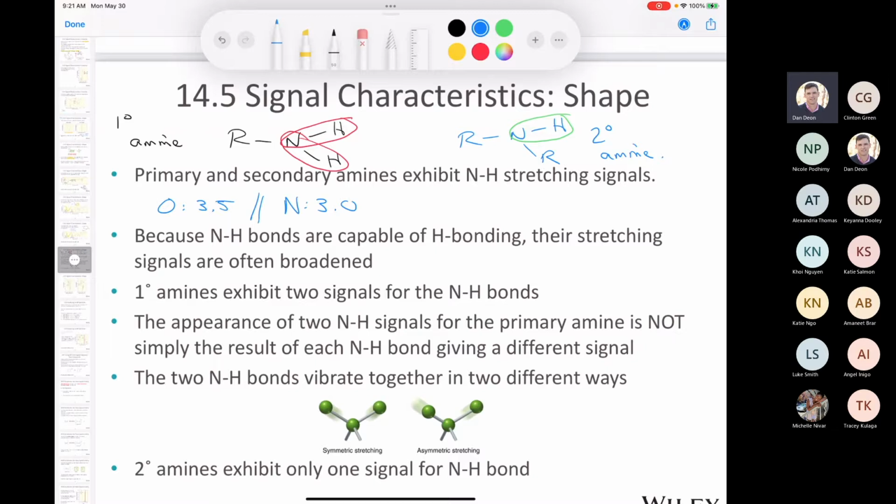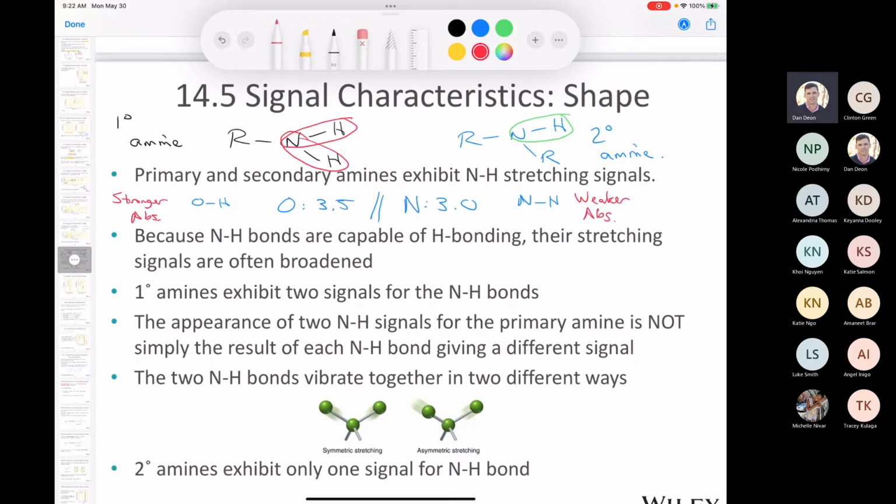I said that the more polar a bond is, the stronger the absorption will be. And so if we compare an oxygen-hydrogen bond versus a nitrogen-hydrogen bond, this is going to have a stronger absorbance, and this is going to have a weaker absorbance based off of the difference in electronegativity or the bond polarity.